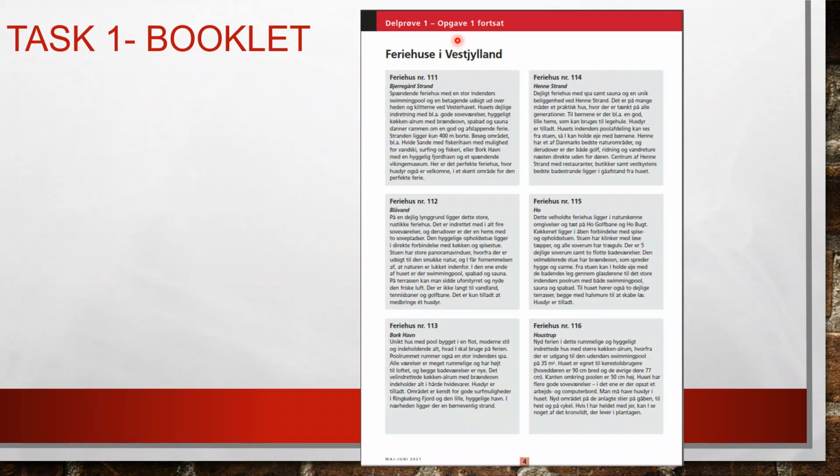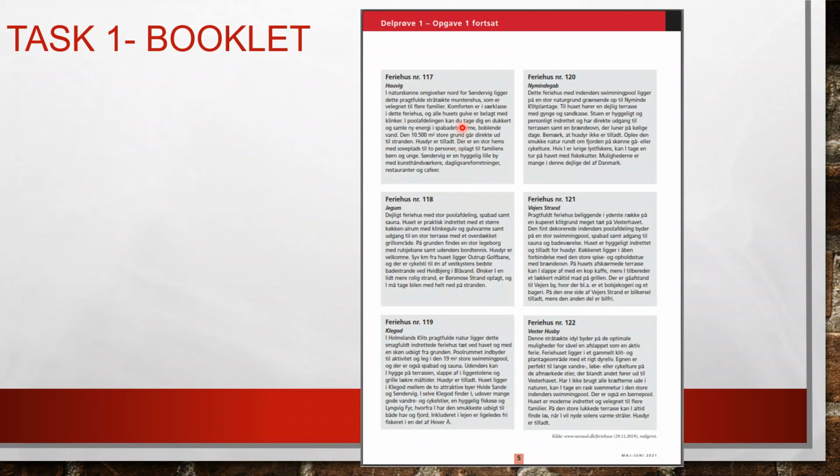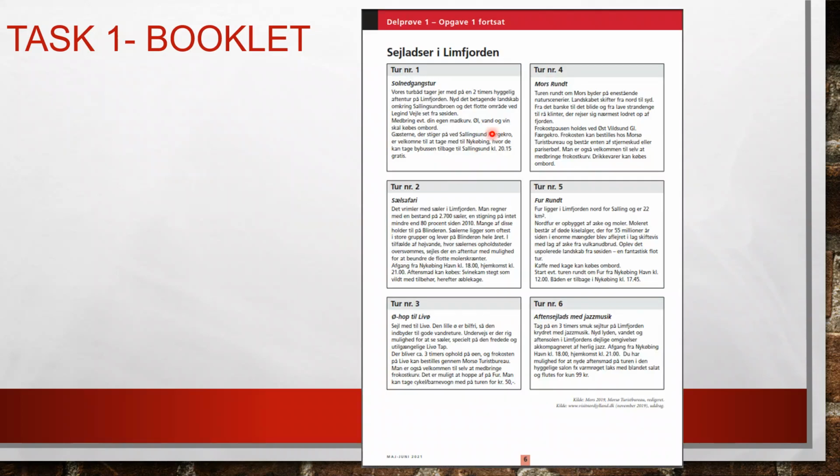Then for another section, watch out for the task title here, and there will be advertisements to read. A few more advertisements here, and on the third page there is another section with more advertisements. So this is the reading part.